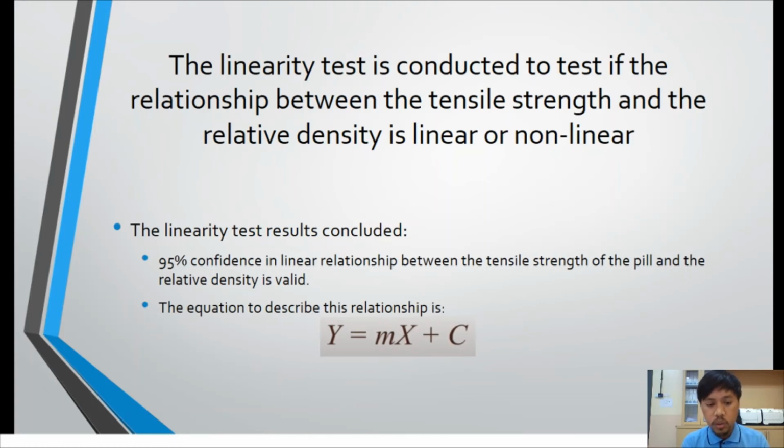The equation to describe this relationship is y equals mx plus c. Y is the tensile strength of the peel, m is the gradient of the line, x is the relative density of the peel, and c is the intercept.